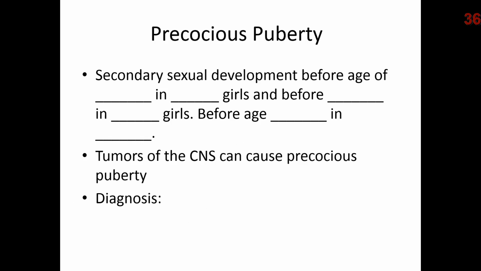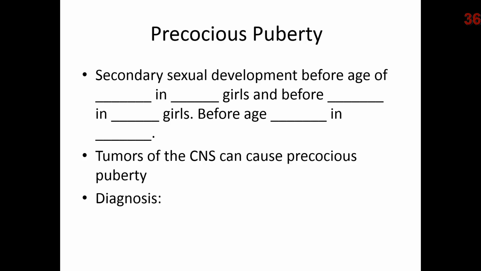The very last slide that we'll talk about here is a term called precocious puberty. You need to understand this one in detail, the numbers. So what is precocious puberty? It is defined as an early activation of the hypothalamic pituitary gonadal axis, resulting in development of secondary sexual characteristics and fertility. So it's basically early onset puberty.